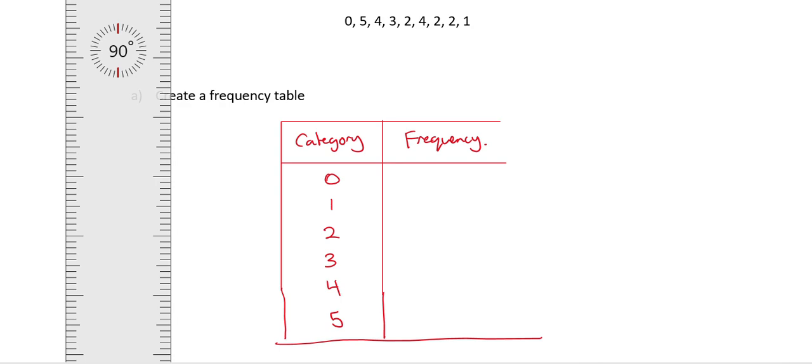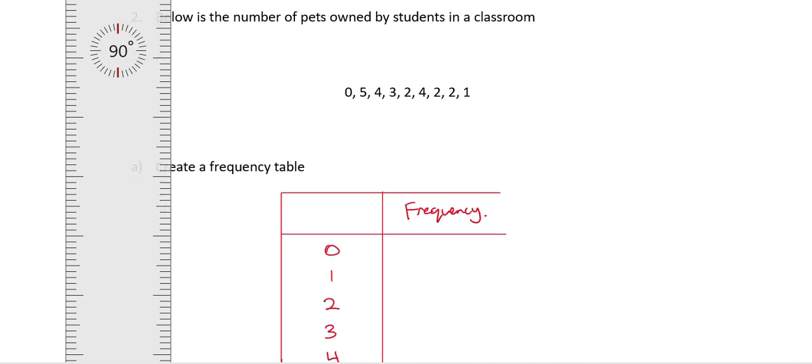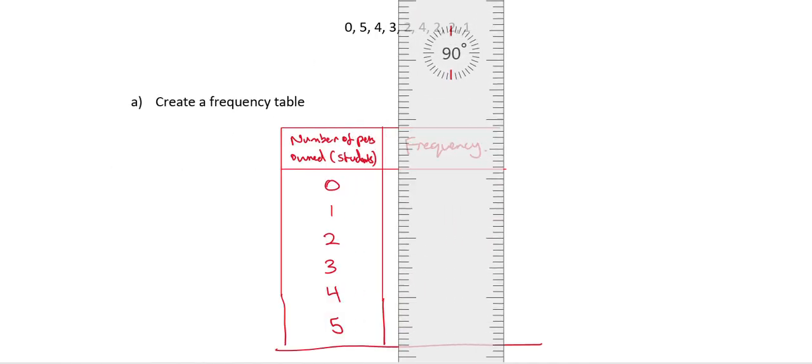Now, you typically don't write category. So what you're going to write is what the topic is about. So because the topic is about number of pets, you are now going to write number of pets owned, and then I'll just write students there because I've run out of space. Okay, just like that. And then you just go on from there.